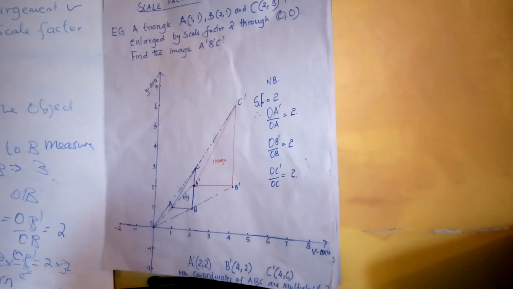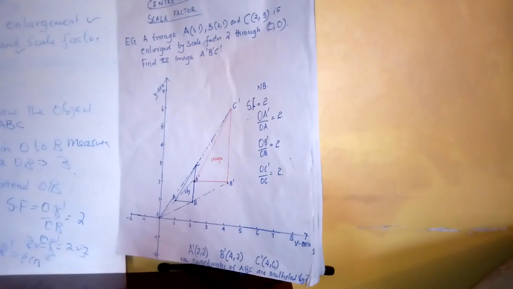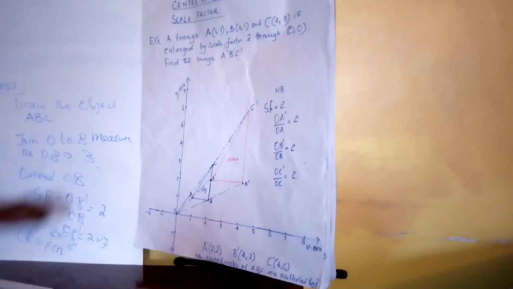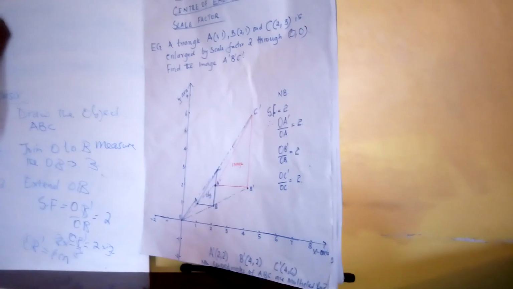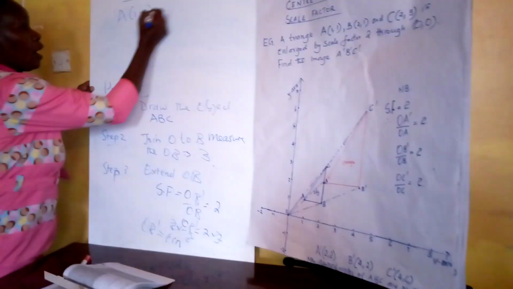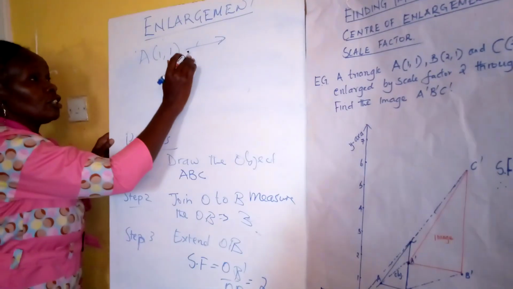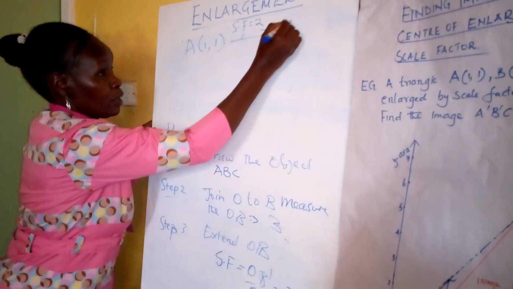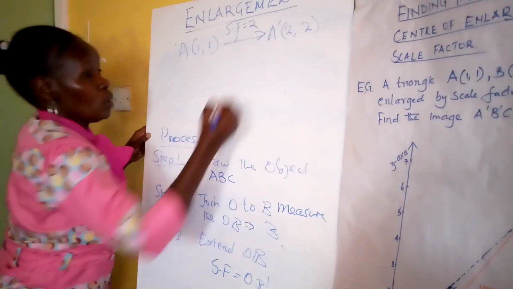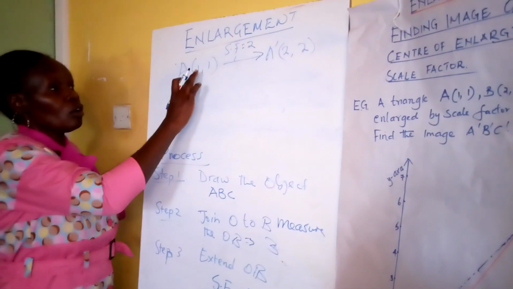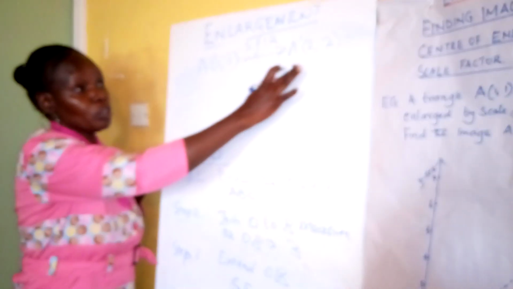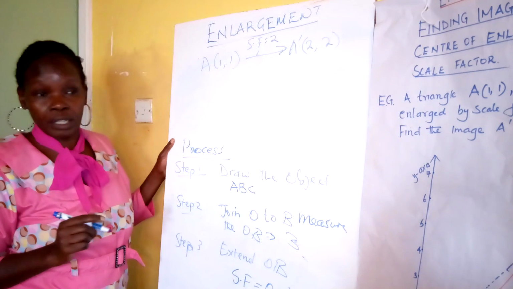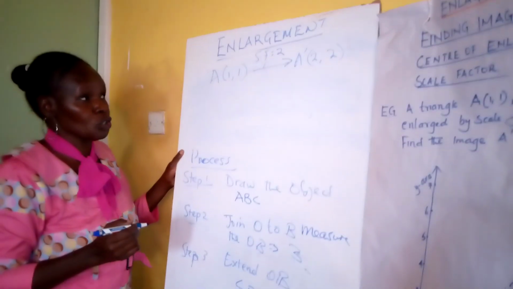What would be happening in this case? Now we come up with a formula from this. If A was (1, 1) and at the enlargement scale factor 2, we are getting A prime as (2, 2). You can see that the coordinates of A have been multiplied by 2 in order to get the new coordinates, or the coordinates of the image.